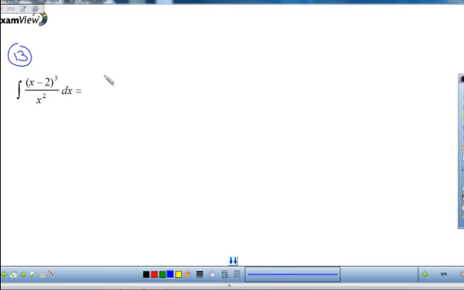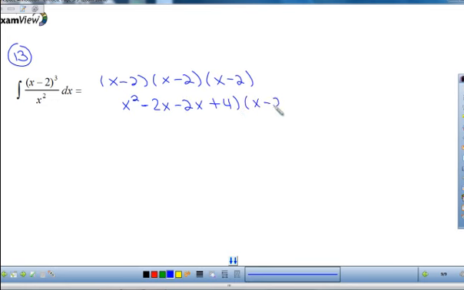So that means I'm going to have to find (x − 2)² and then multiply by x − 2. Okay, so we're going to have x² minus 2x minus 2x plus 4. So we end up with x² − 4x + 4.